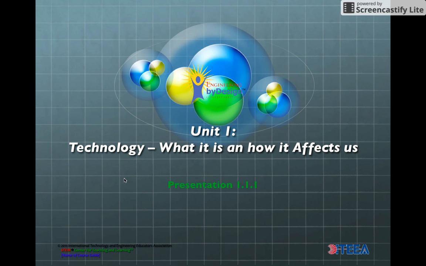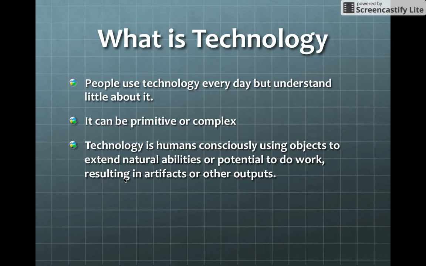So the first lesson is all about technology, what it is, and how it affects us. So first we need to know what technology is. We talked about this very briefly, but technology is what we use every day, but people in general understand very little about it. It can be primitive or it can be complex, meaning primitive, something very simple. So we talked about a pencil as a piece of technology.